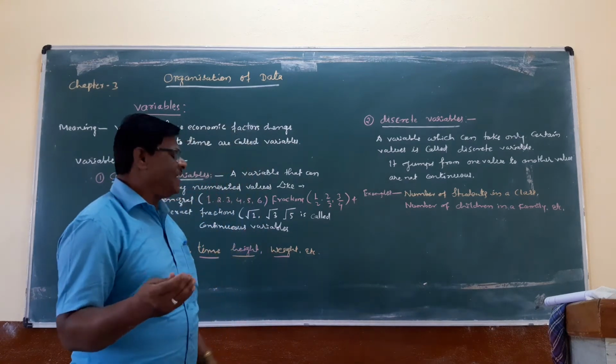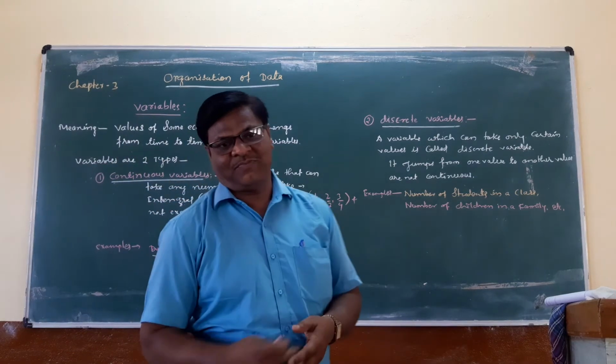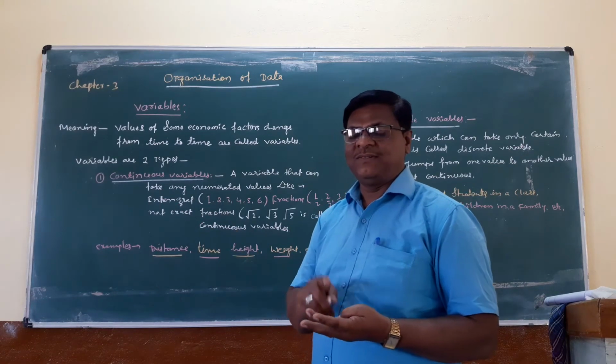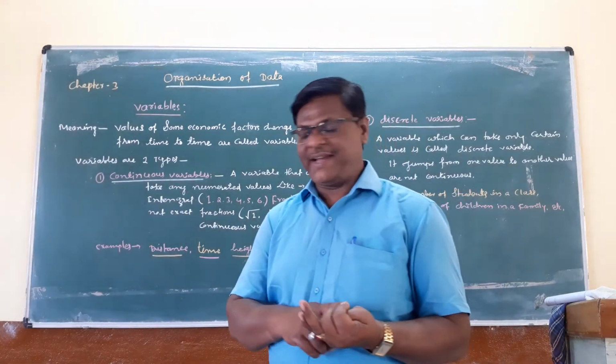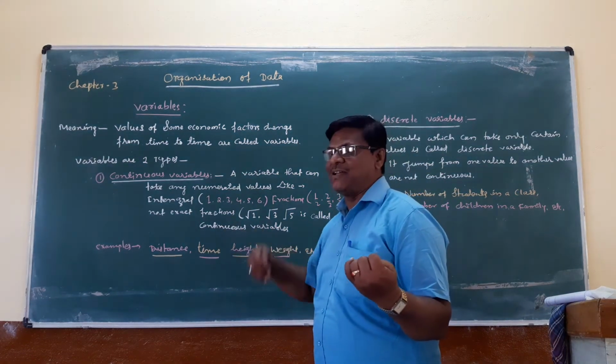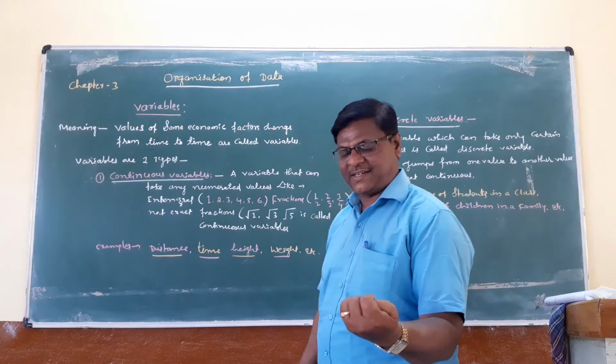These are called continuous variables. For example, continuous variables are distance, time, height, weight, etc.